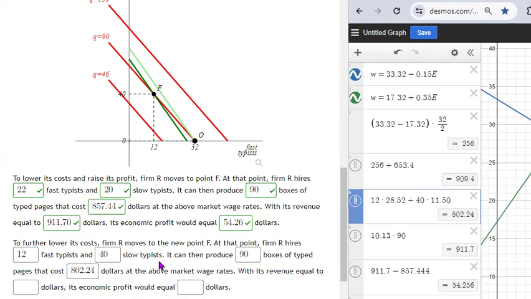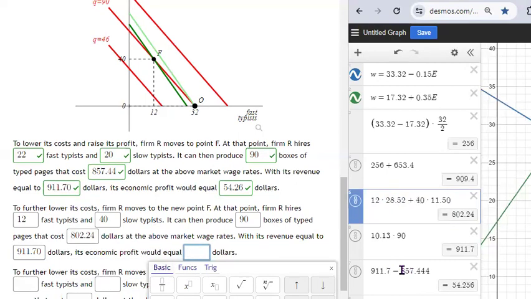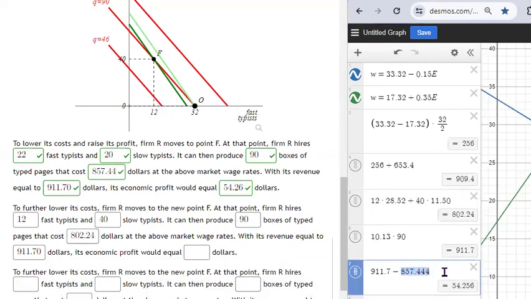The revenue is still $911.70, right? Because we're still producing 90 boxes, right? Its economic profit would be what? Well, we got to replace this cost with the new cost, right? And the new cost subtracted from holding the revenue constant gives an economic profit equal to 109.46, right?